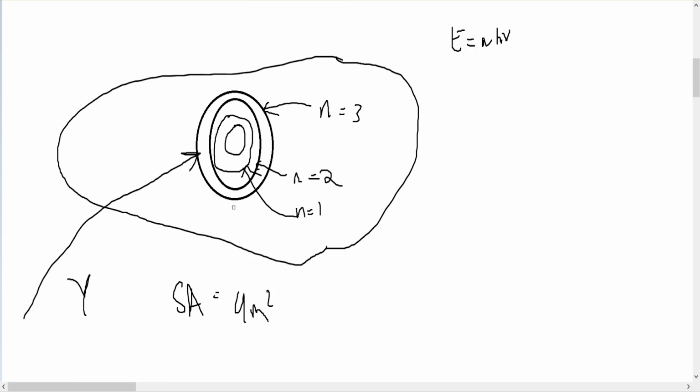And then consider an electron in the most inner shell energy level of the atom. So I'm just trying to magnify what is happening in one atom in a certain material, right?